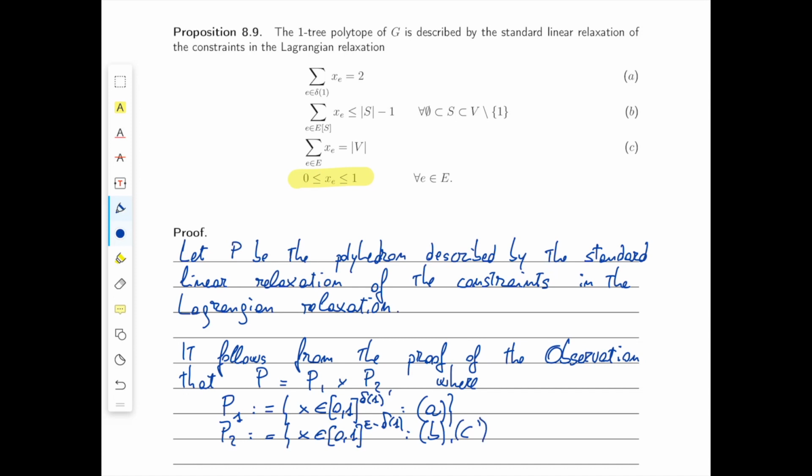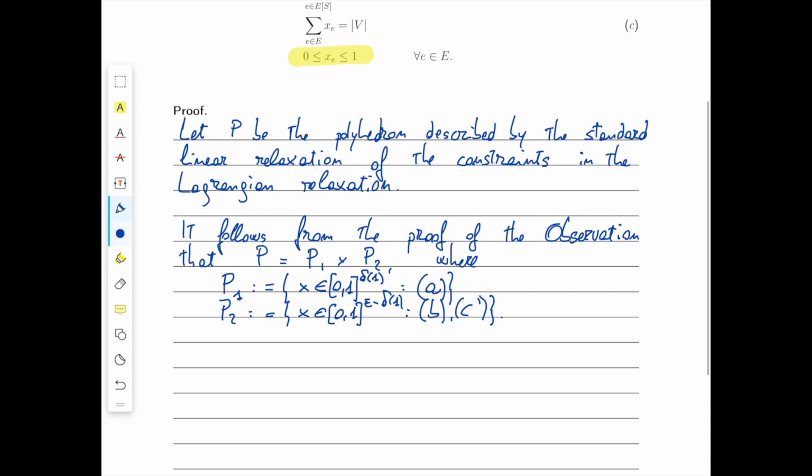So this is exactly the same thing we've done in the observation, but this is the corresponding linear relaxation of the sets S1 and S2 that we saw there. And now we just have to study separately P1 and P2.